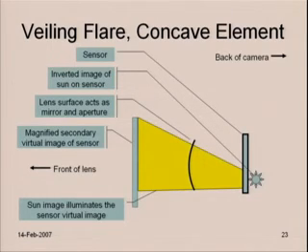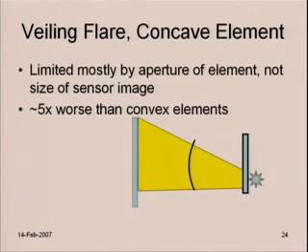The upshot is that these concave elements reflect about 5 times as much light. That's a very rough approximation. It depends on the exact geometry, but it's about 5 times worse than convex elements, and or convex surfaces.